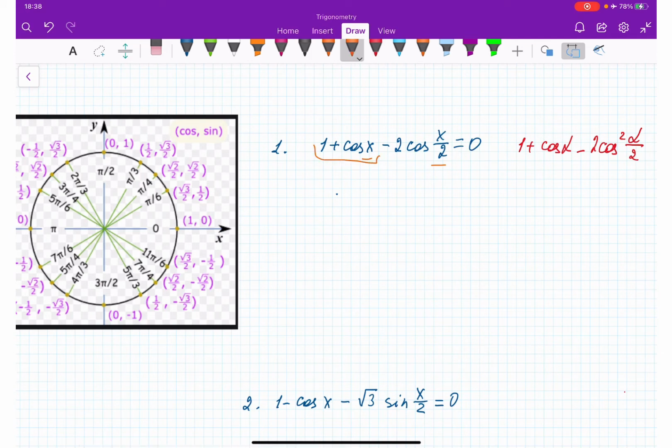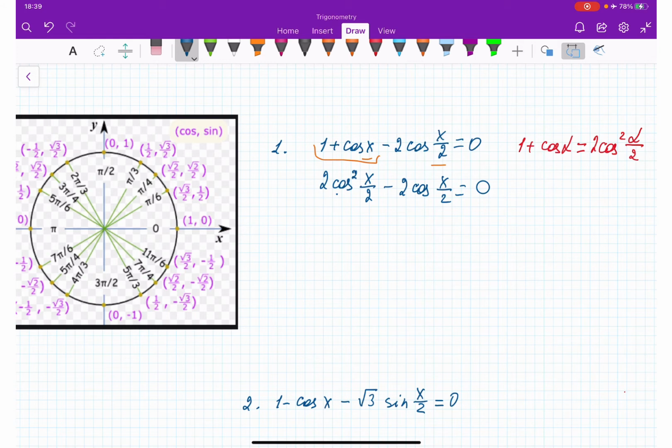I'm going to replace it with 2 cosine squared x over 2, right? So we brought it to half of x, minus 2 cosine half of x equals 0.